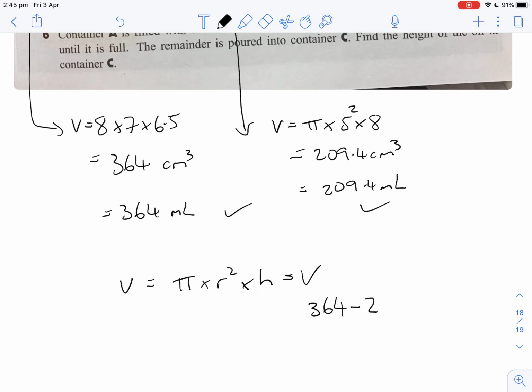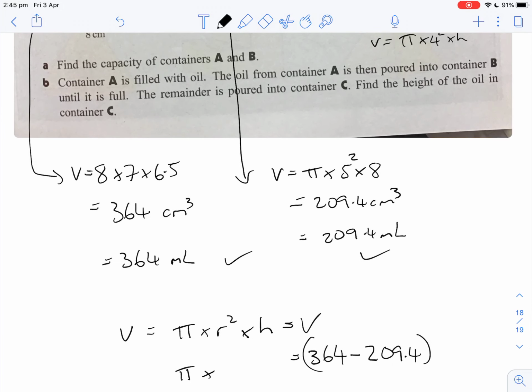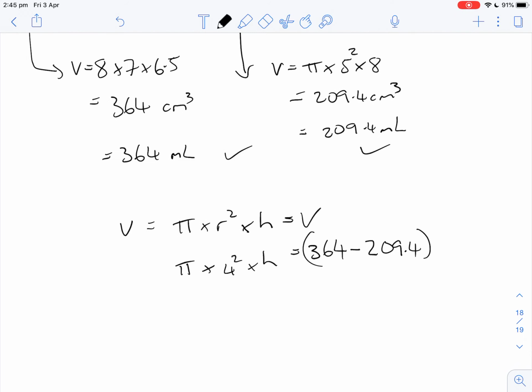We've taken away the 209.4 millilitres that have been poured into the cone, and so what's going to be left will be the answer to that one. We know the pi, we know the radius was 4, so pi times 4 squared times my height. So that leaves me with the only unknown being my height.